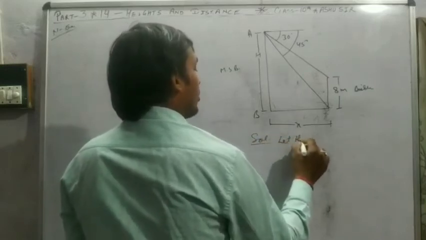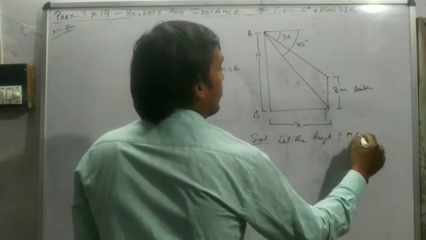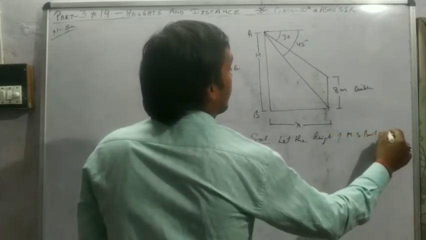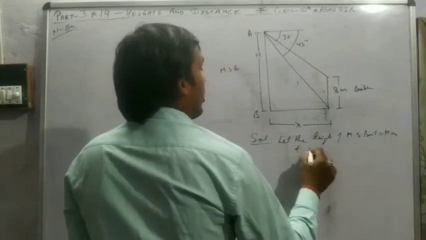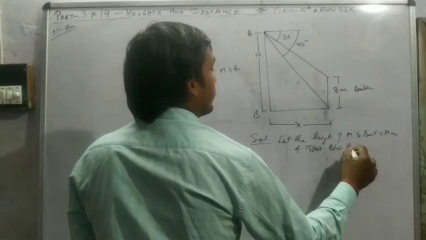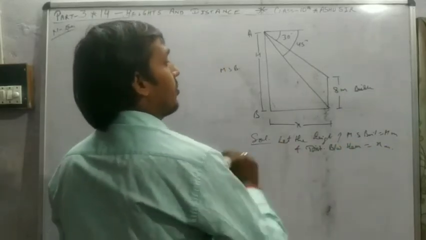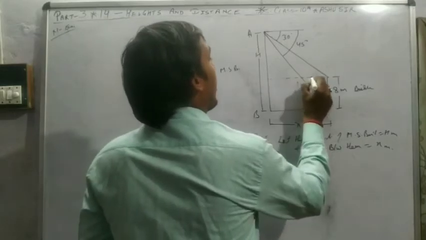Solution start. Let the height of the multi-story building be h meters and the distance between them x meters. Complete the figure. Draw a parallel line to this.